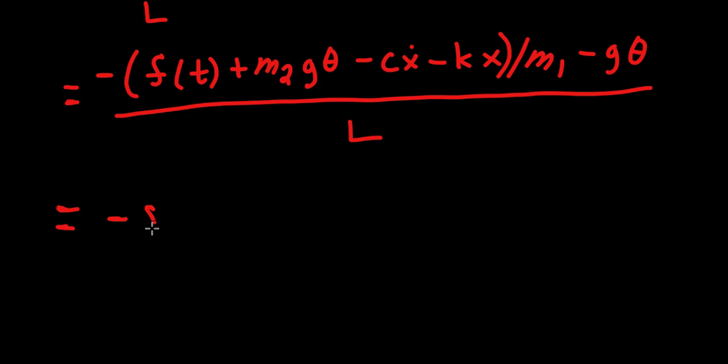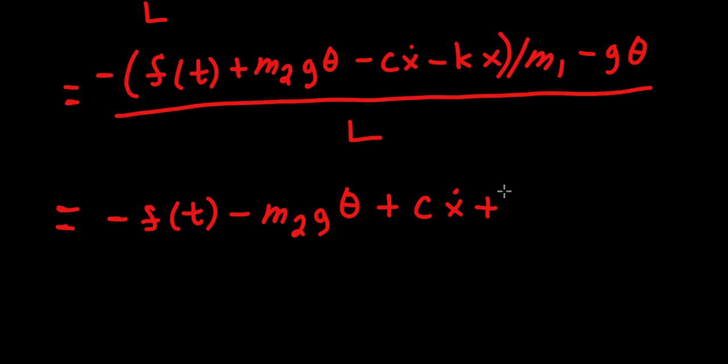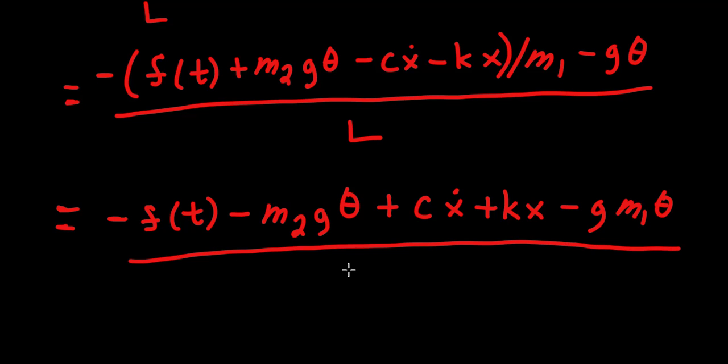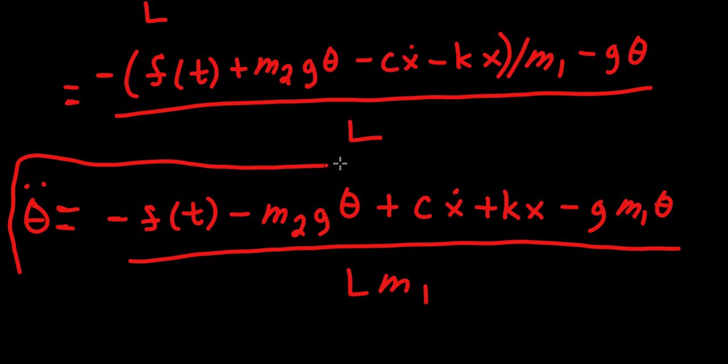I'll get negative f of t minus m2 g theta plus c x dot plus kx minus g m1 theta all over L times m1. And that's theta double dot. Circle this guy.